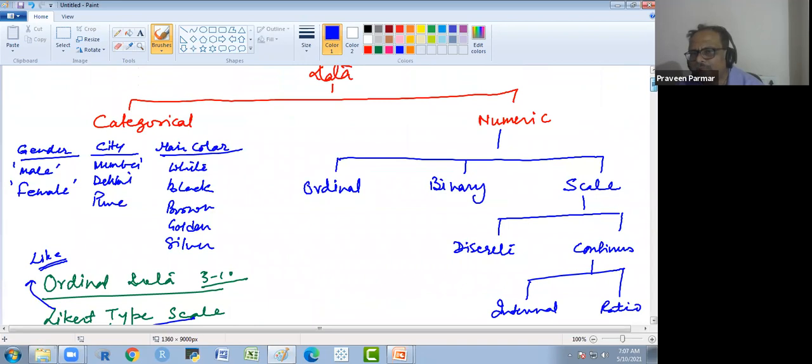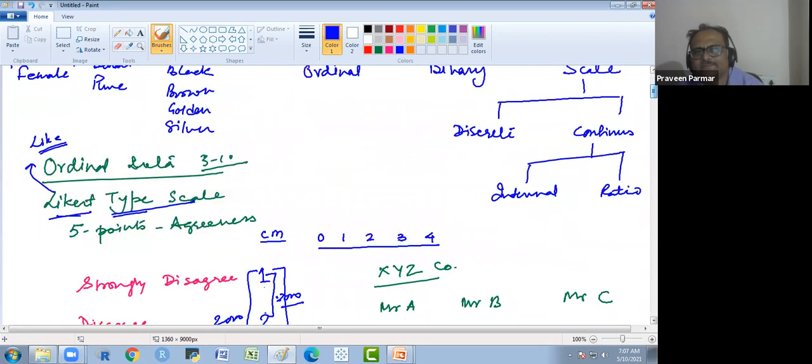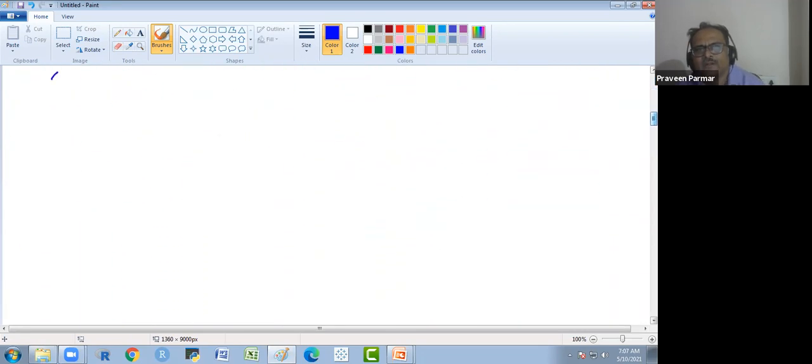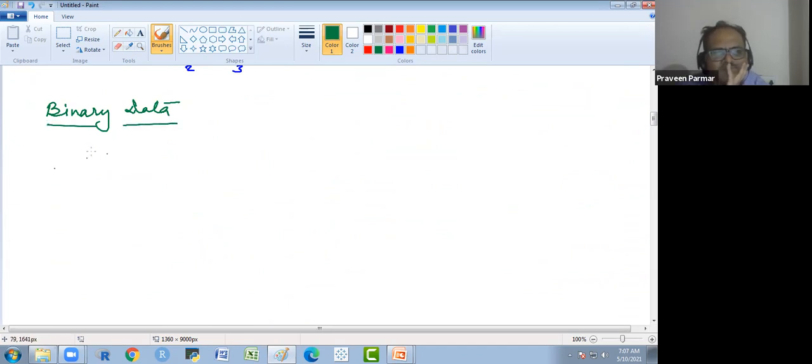The second is the binary in the numeric. Binary data we have in 0 and 1 only.